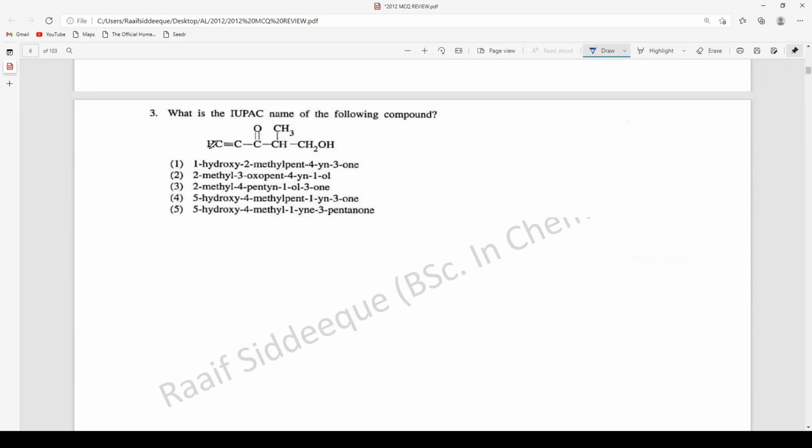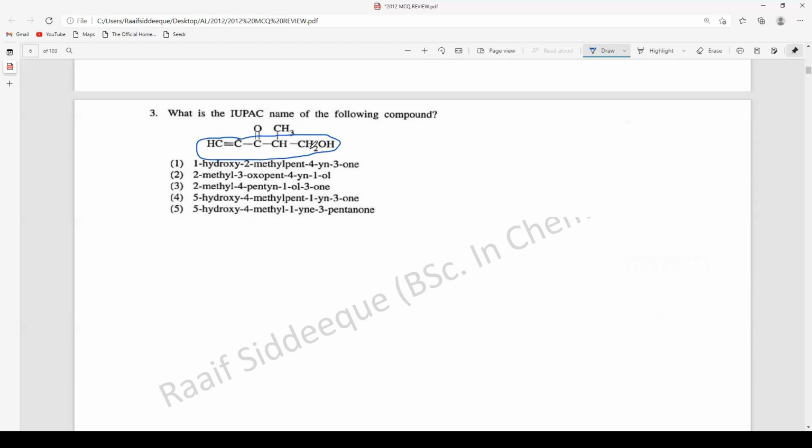But the problem in naming this way is that you will miss the OH. It is wrong because you have to include the functional group. So in principle, you have to include the functional group in the main chain. So the main chain will be this.